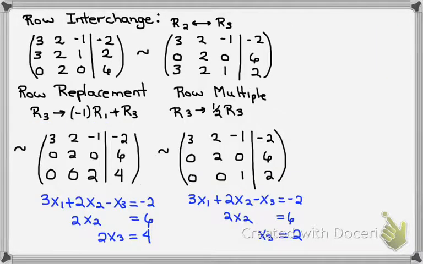The last row operation that we're going to perform is a row multiple, which we see here. In a row multiple, you simply take a row and multiply it by some scalar. We're going to take row number 3 and multiply it by 1/2, and what we end up with is 0, 0, since 2 multiplied by 1/2 is 1, and 4 multiplied by 1/2 is 2.